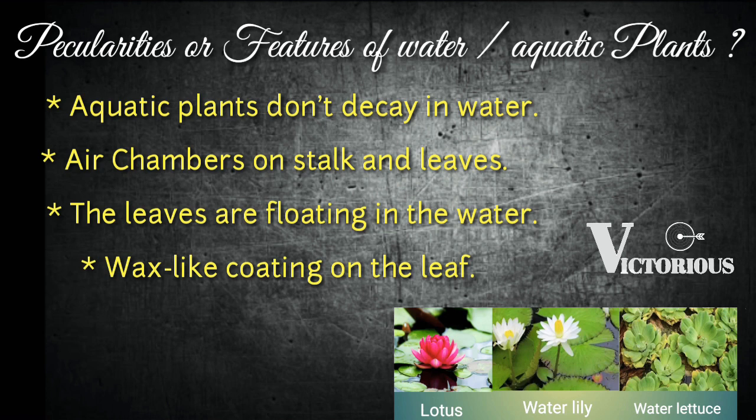Yeah, they float in the water. And also on the leaf, we can see a wax-like coating, right? That wax-like coating on the leaf helps the aquatic plants not decay in water, right? So these are the peculiarities, the basic features of the water or aquatic plants.